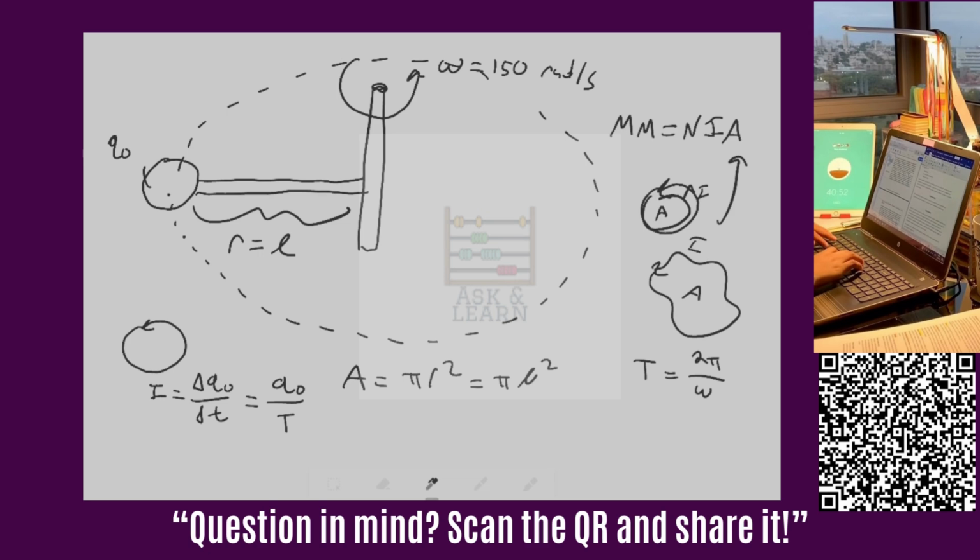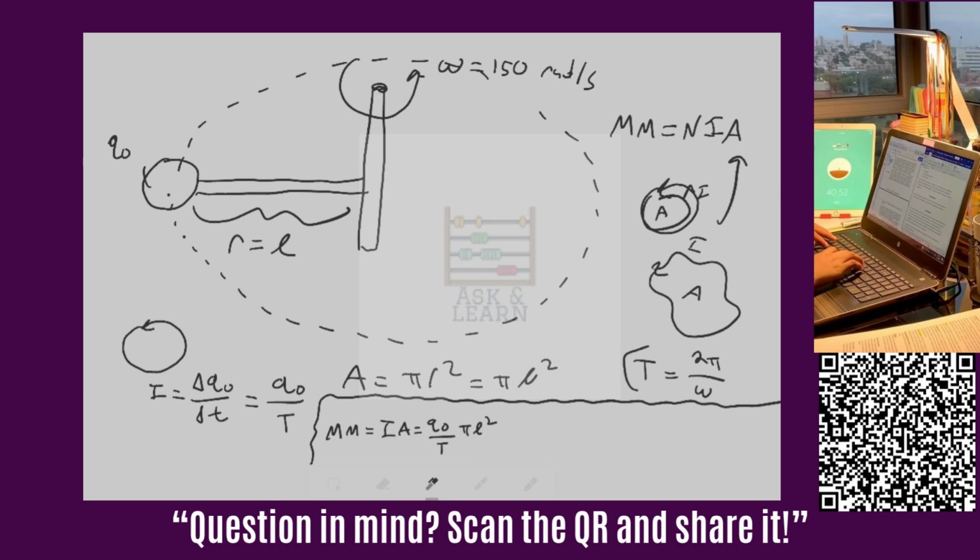So, what does the expression for our magnetic moment look like? Let's write that out. Magnetic moment is the number of turns, which is just one, so we'll leave that out, multiplied by the current and by the cross-sectional area of this path. The current is given by our charge that goes around once per period, and the area is given by the area of the circle, pi L squared, where L again is the length of the rod.